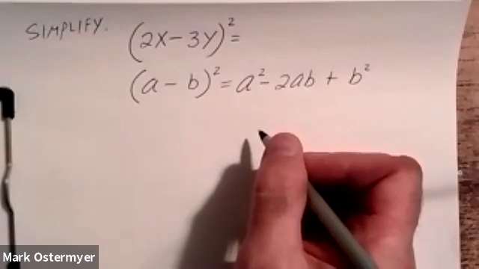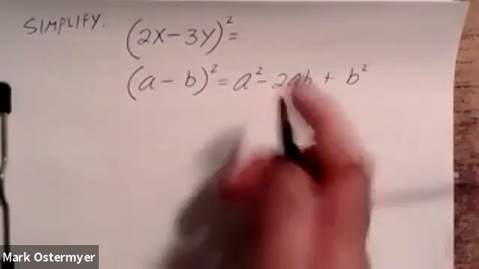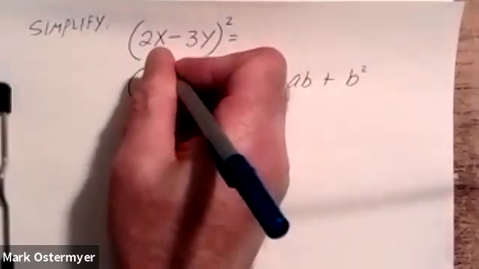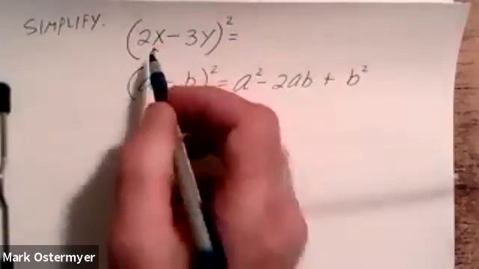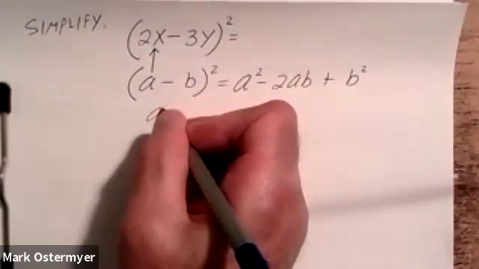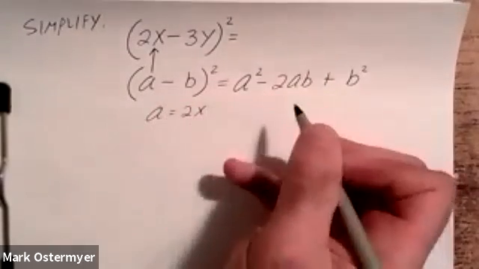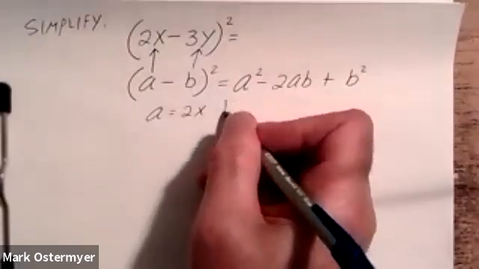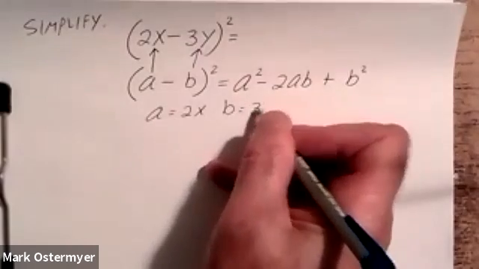So what would be my A term as far as my problem is concerned? My A is really like a 2x. And what's my B term? B is equal to 3y.